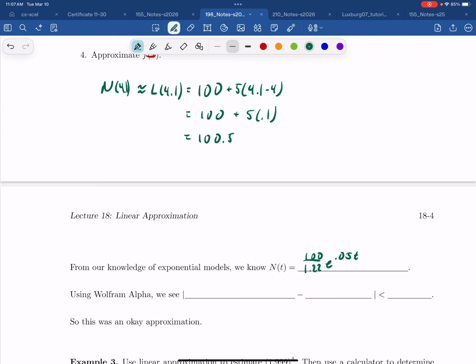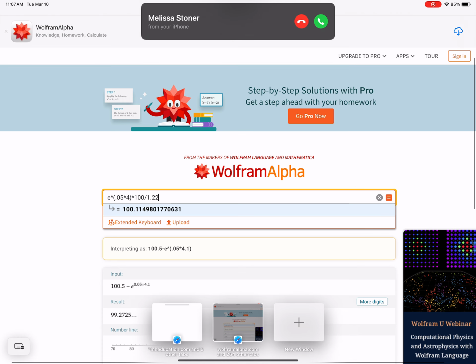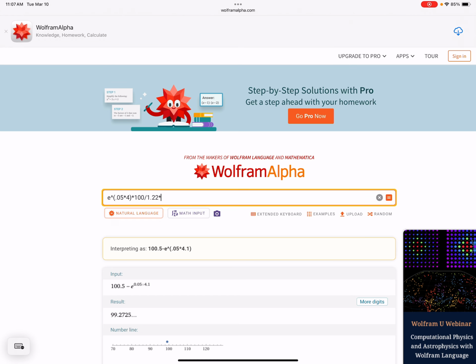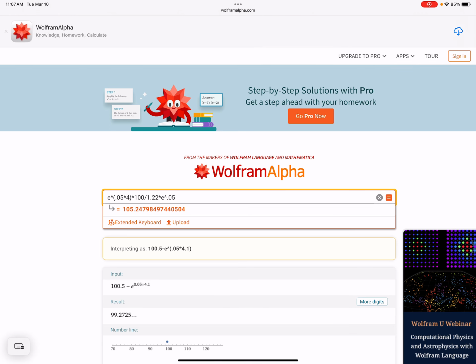So anyway, now we go back to Wolfram Alpha. And this is times e raised to the 0.05 times... Oh no, sorry, we already multiplied it by that. Minus 100.5. There you go. So it's actually a decent approximation.